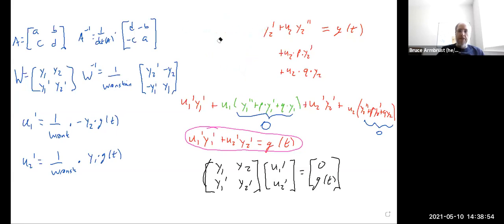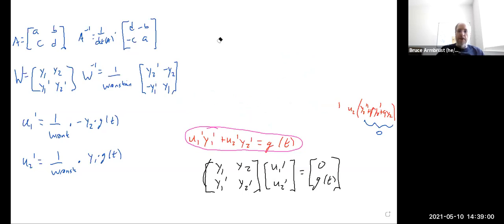So we're almost done, actually, in terms of doing this generically. Because the last step now, since those are u1 prime and u2 prime, here's where we end. We know that u1 is going to be the negative integral of y2 times g over the Wronskian.